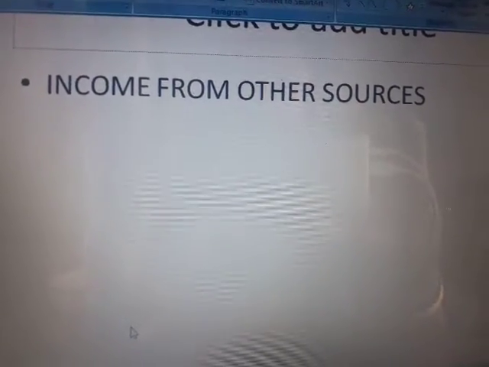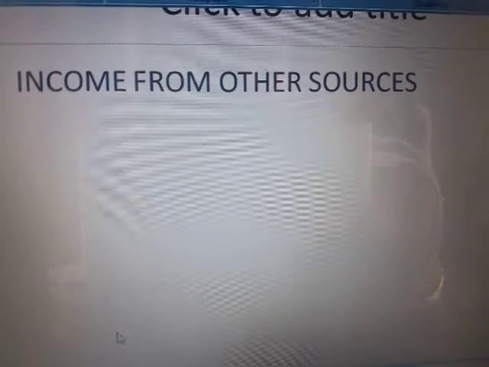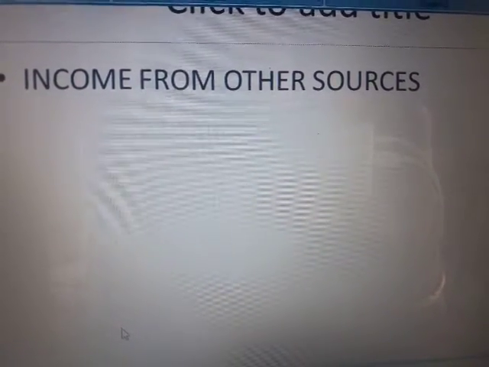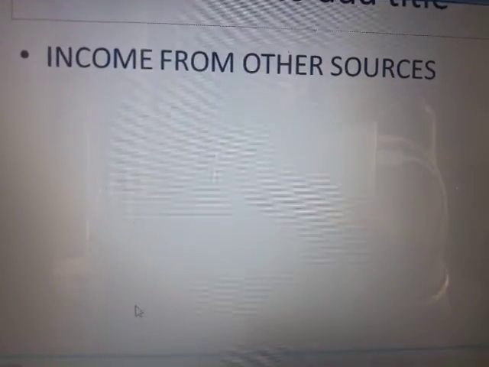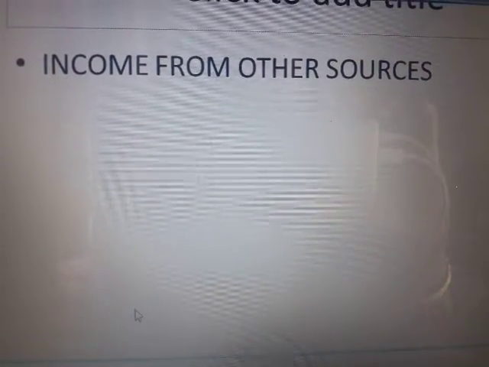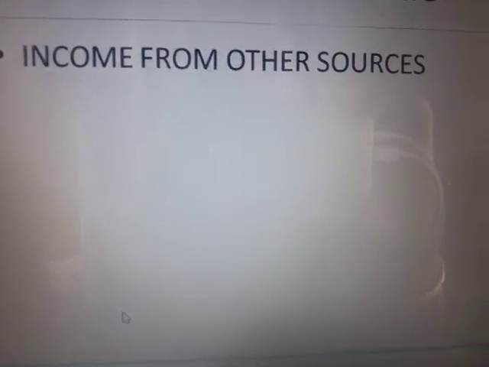In this income from other sources, you must pay 30% of tax, irrespective of duration period, irrespective of amount. For example, if you earn 10 lakh rupees, 10 lakh lottery, then you must pay 30% for tax purpose.